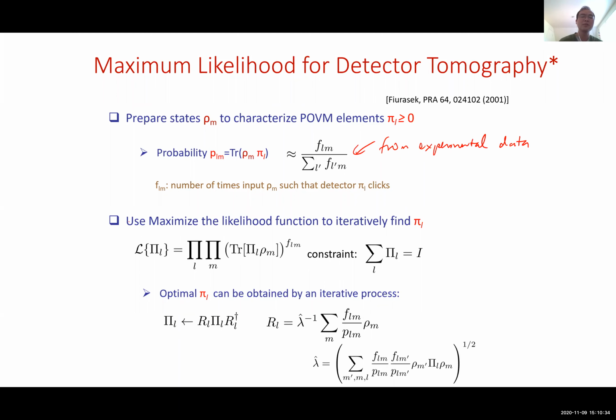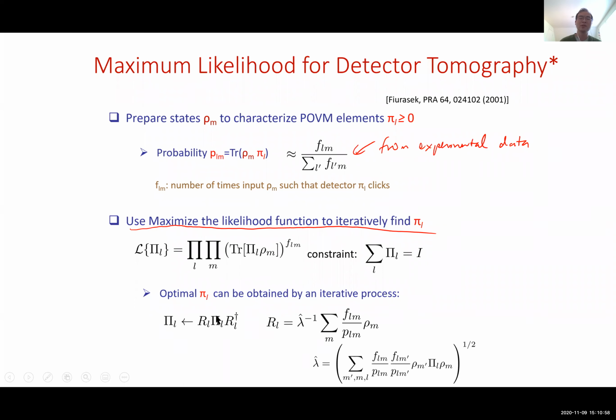And here is a slightly more technical part: one uses the so-called maximum likelihood function that can iteratively find this operator pi L. I don't want to go into the details, but the formula is just to show you that there's a way to do some iteration.